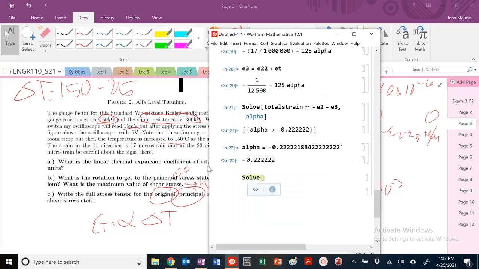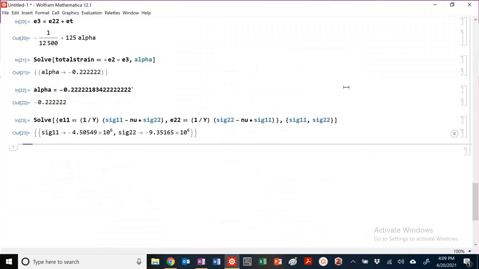So now I can solve that E11 equals 1 over Y times sig11 minus nu times sig22, and my strain in the 2, 2 equals 1 divided by Y times sig22 minus nu times sig11. And that's it. So sig11, sig22, and that's it.